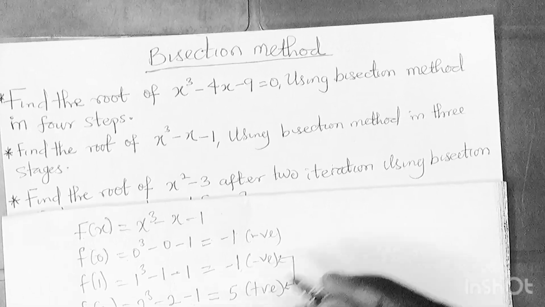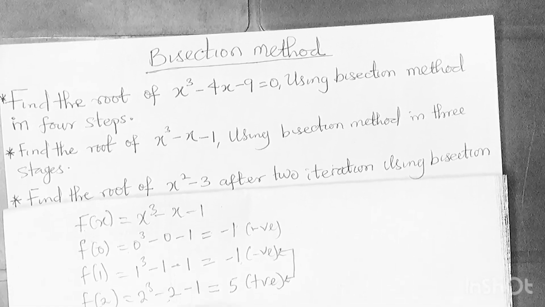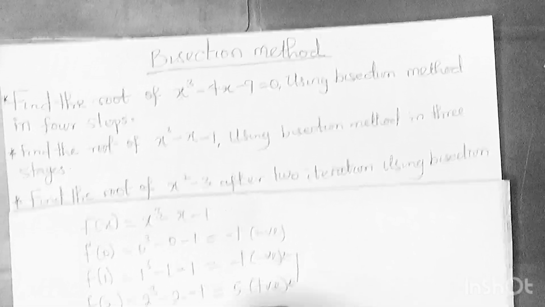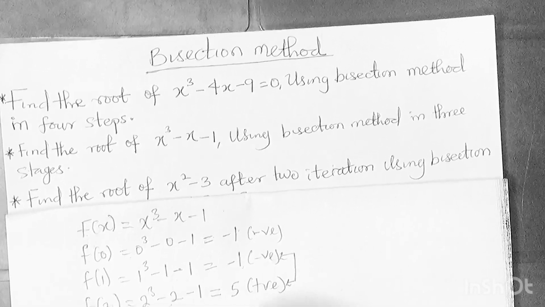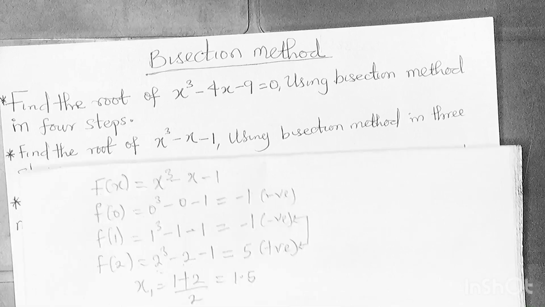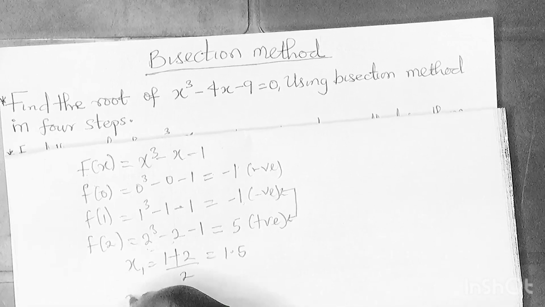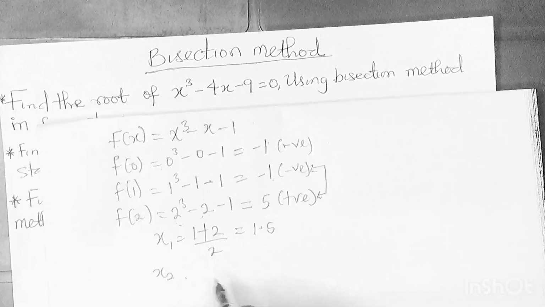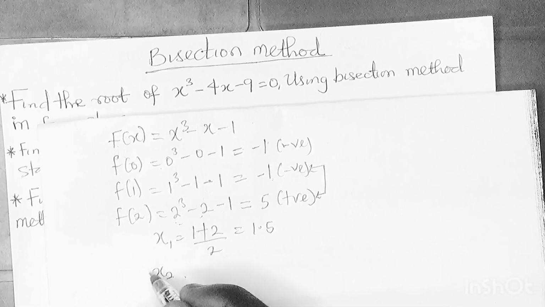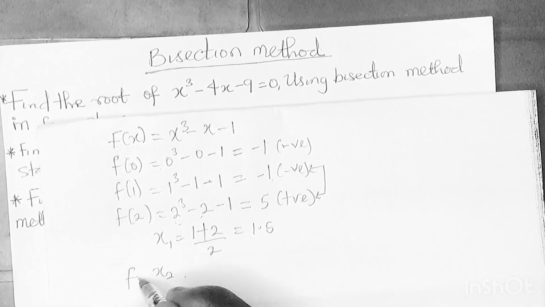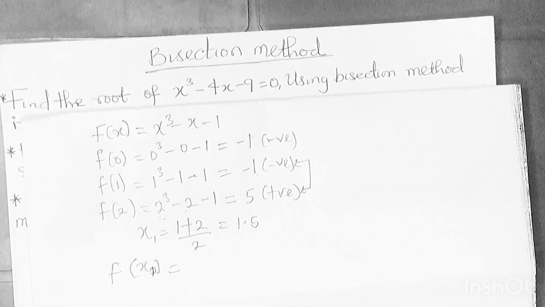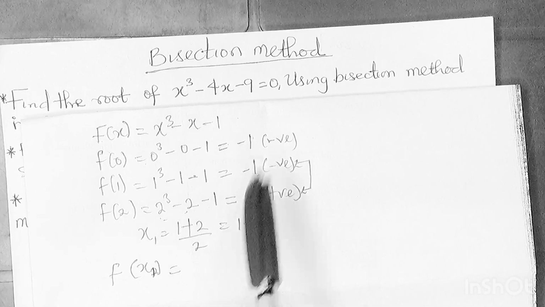All right. So my x1 now will be 1 plus 2 divided by 2, which will give me 1.5. So this is my first iteration. Then going to my second iteration, that will be x2. My x2, I'll first do f of x1. And what will be my f of x1? Anywhere I see x, I'll put 1.5.